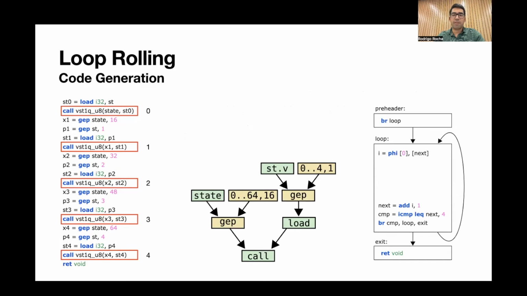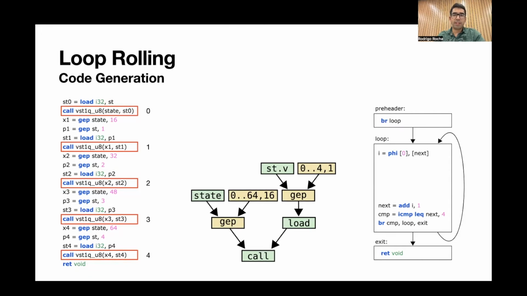Then we have a comparison to check if it has reached the limit of the number of iterations, which in our case, the last one is 4. And then we have a conditional jump to either continue the loop or exit the loop, going to the exit block that simply contains the return instruction in this case.